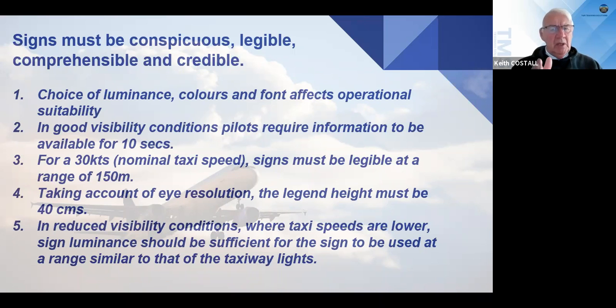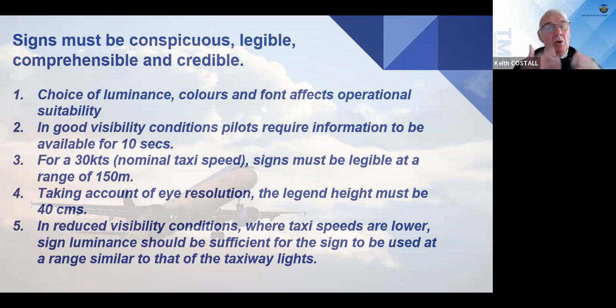Then the second thing was, what distance do we need to be able to look at and absorb this information, traveling at 30 knots? So 150 meters was decided to be the nominal distance in normal conditions. I'm not talking about low visibility now.